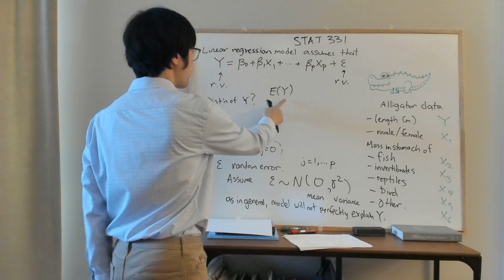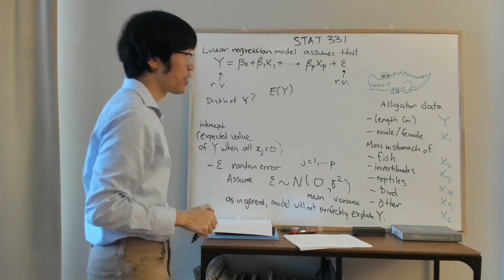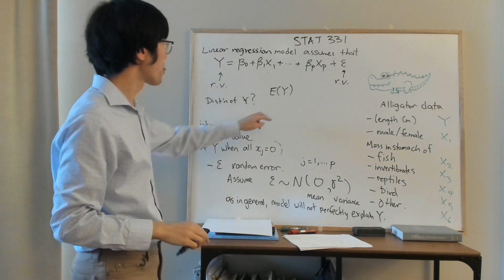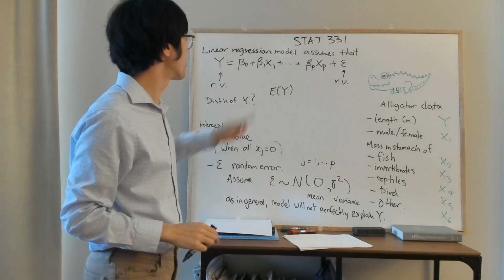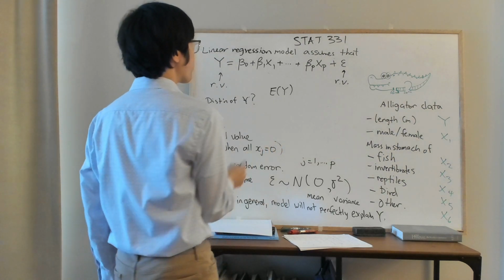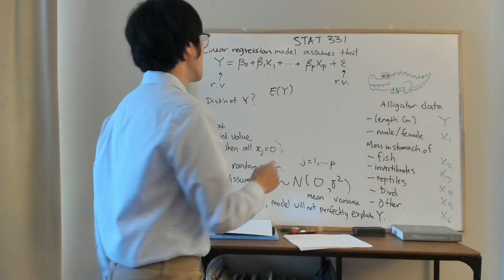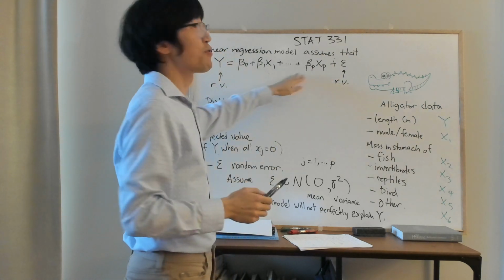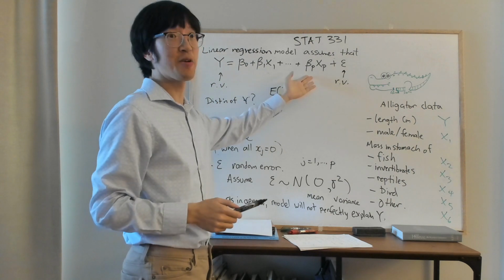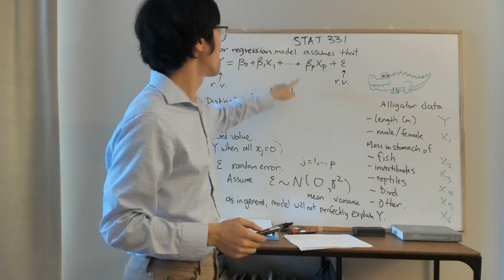So that's E of y, the average value of y in terms of its probability distribution. You have to take the expectation of everything on the right. And what's the expectation of a bunch of constants? Well, it's just the constants themselves.